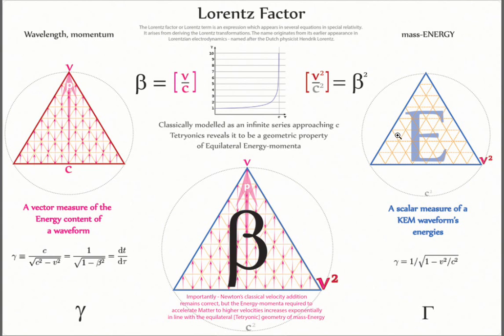So we can calculate for the scalar energy in the relationship between the quanta, the frequency, the velocity, and the mass, and we can determine the Compton frequency is in fact not limited by c, but it can go superluminal. It's a simple geometric relationship between velocity and energy momenta.